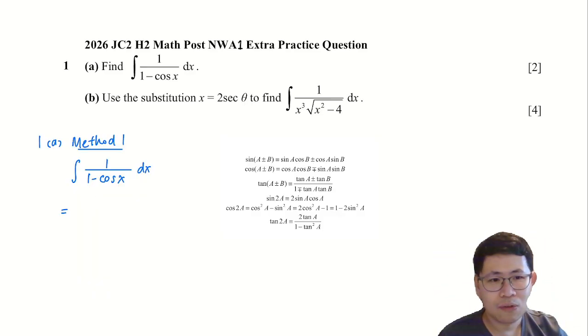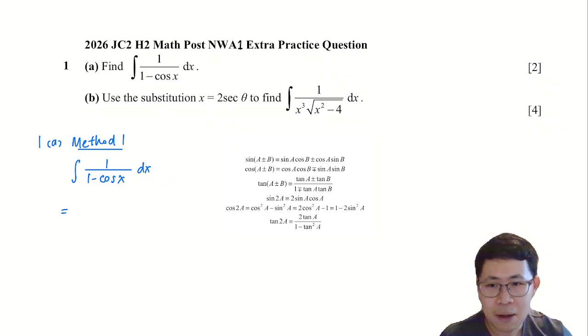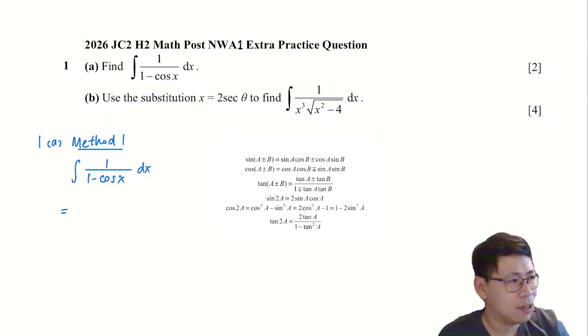Roughly speaking, as much as possible, I would want to minus a positive 1 if possible. So the idea would be to look at the 1 minus 2 sine square a, the double angle formula, and specifically this last one over here.